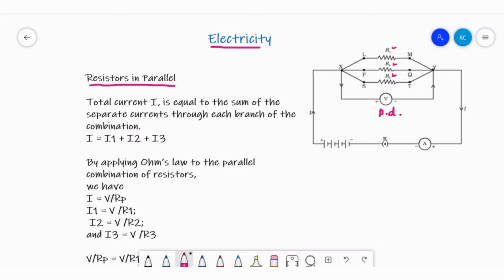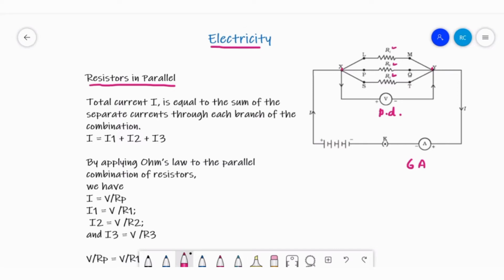Okay, so for example, if 6 ampere current is passing through this entire circuit, when it reaches these resistors, there are two connection joining points over here, that is X and Y. The first resistor is R1, there is another resistor R2, and then the third one is R3.